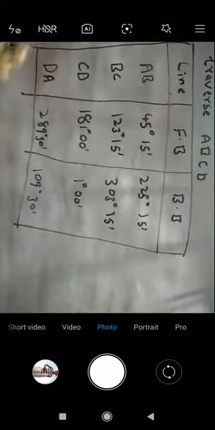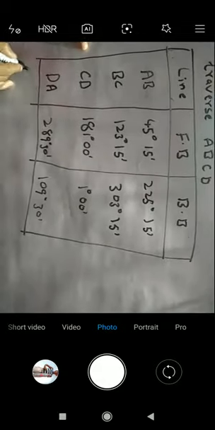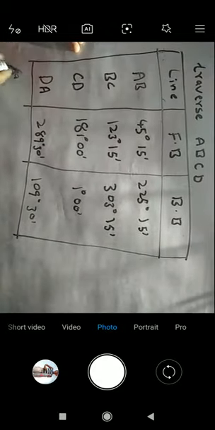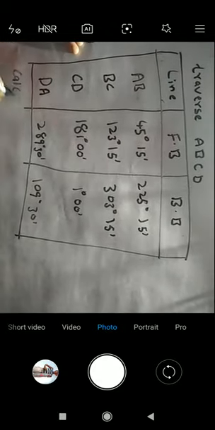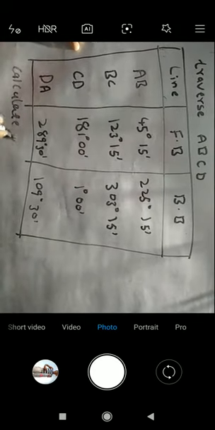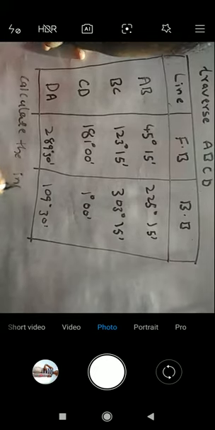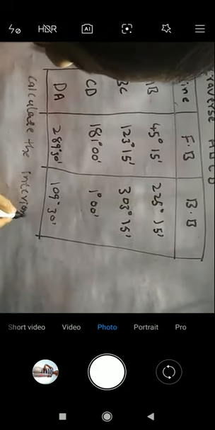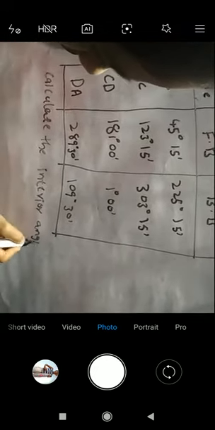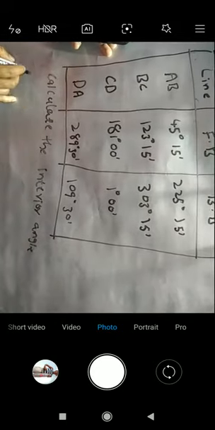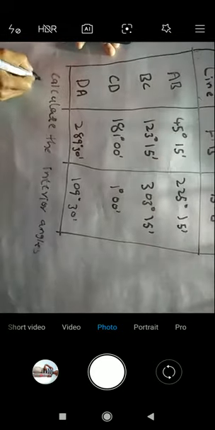So this is the sum they have given. Then calculate the interior angles of a traverse.